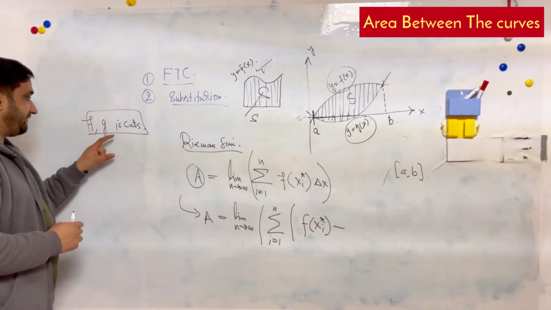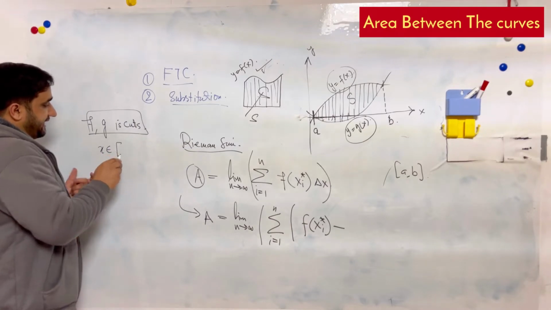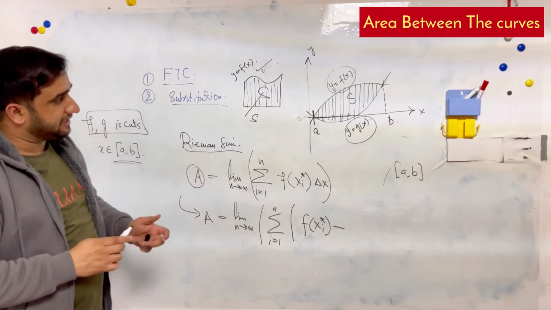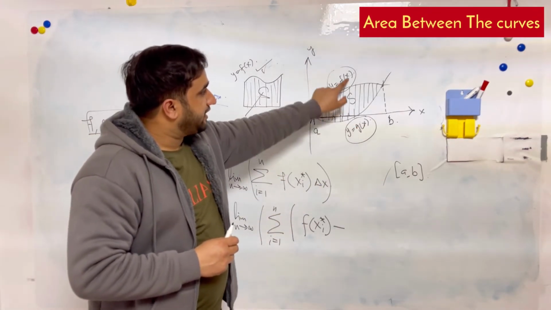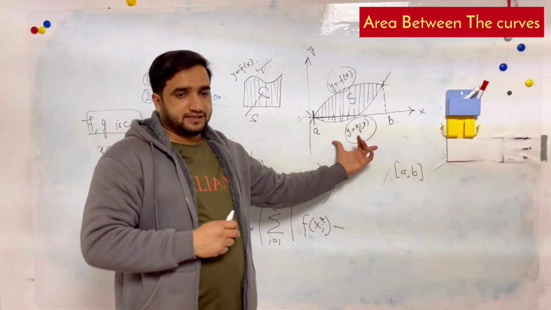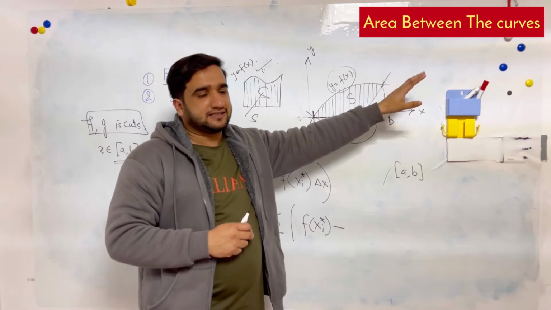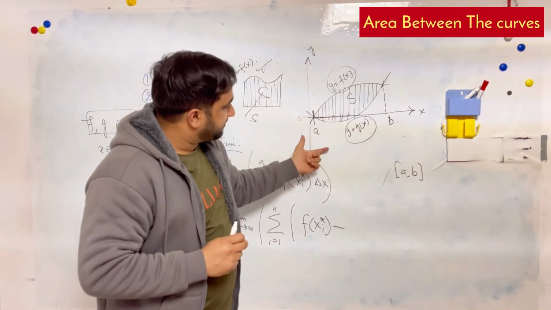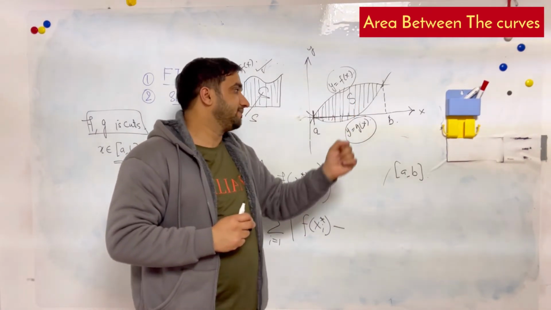So f and g are continuous such that x belongs to the interval A, B. For any value of x in between these two limits, the functions are continuous. Outside, even if the function fails somewhere and there is a discontinuity, it doesn't matter. This interval is important. Within this interval, there should not be a discontinuity.